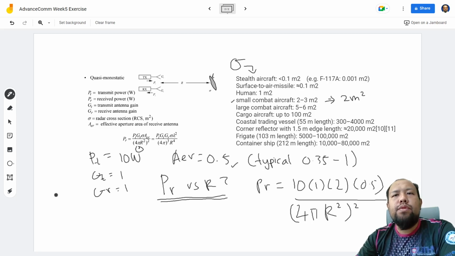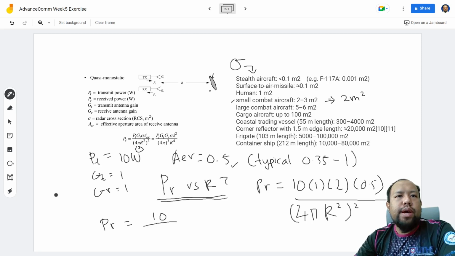So please be careful with this equation. If you stumble upon this and want to calculate, you have to separate between the pi and the r squared. So if you arrange this equation, you can get something like this: PR equals 10 times 2 times 0.5, so it's 10 over 4 pi squared, and then r to the power of 4.